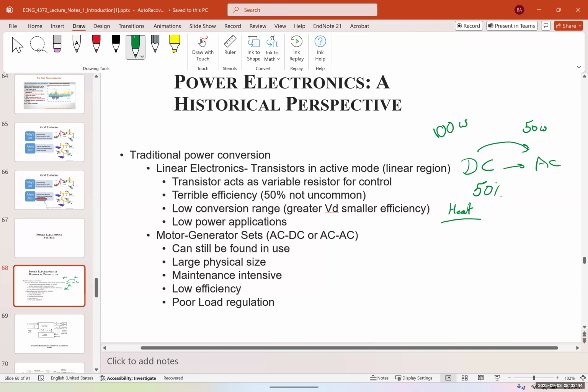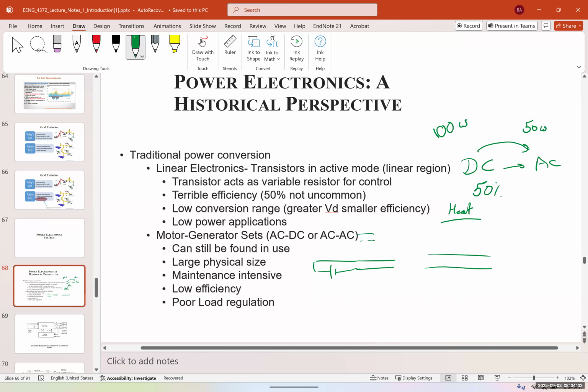So for higher power, like 40 or 50 years ago, if they wanted to convert DC to AC, imagine they had a DC power source and they wanted to convert it to AC.